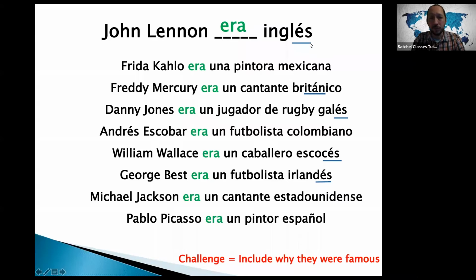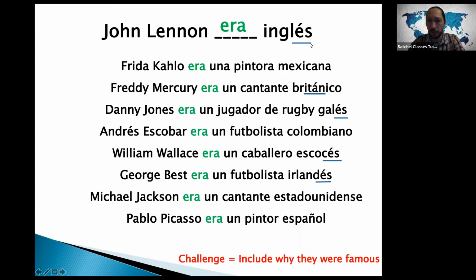For instance, instead of saying inglés, you say inglés. You leave the E to last a bit longer. And what you're doing there is actually stressing the sound in a very natural way. Británico, galés, escocés, irlandés.